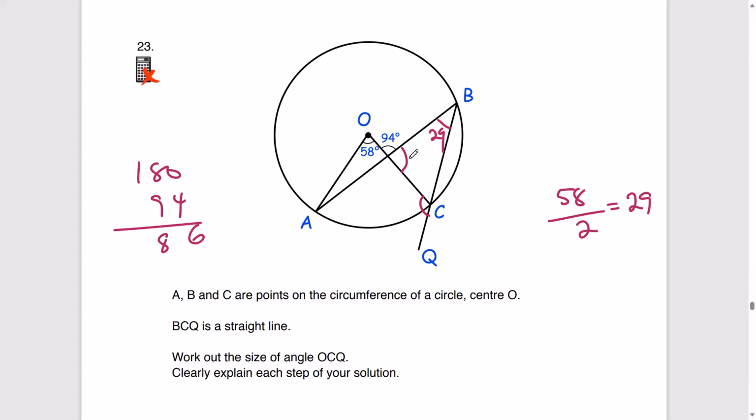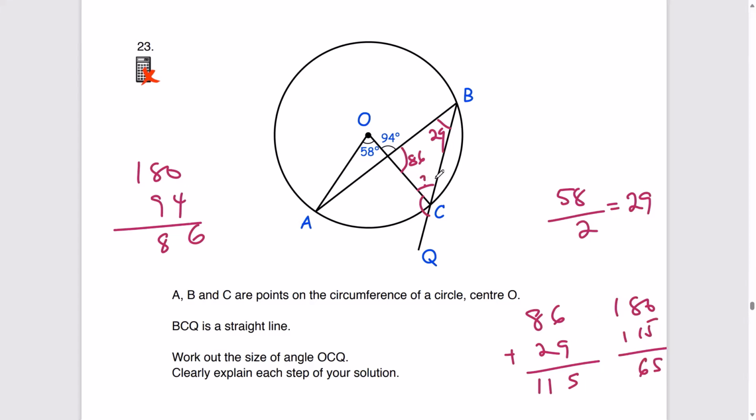So here's 86 degrees. And we can actually find this angle here, which is 86 plus 29, which is 115. And subtract from 180 because the sum of angles in a triangle, which is 65.